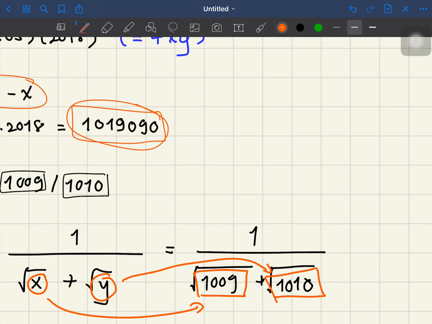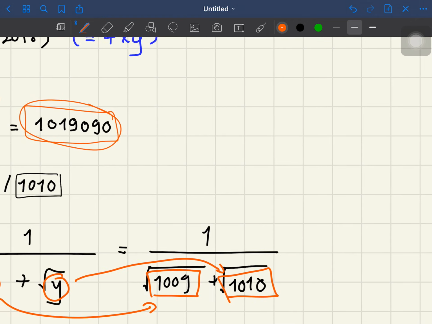And here is the question: how can we get our desired form, which is square root of m minus square root of n? This hints us to use the second technique, the second strategy, which is to multiply by the conjugate of these separated radicals.